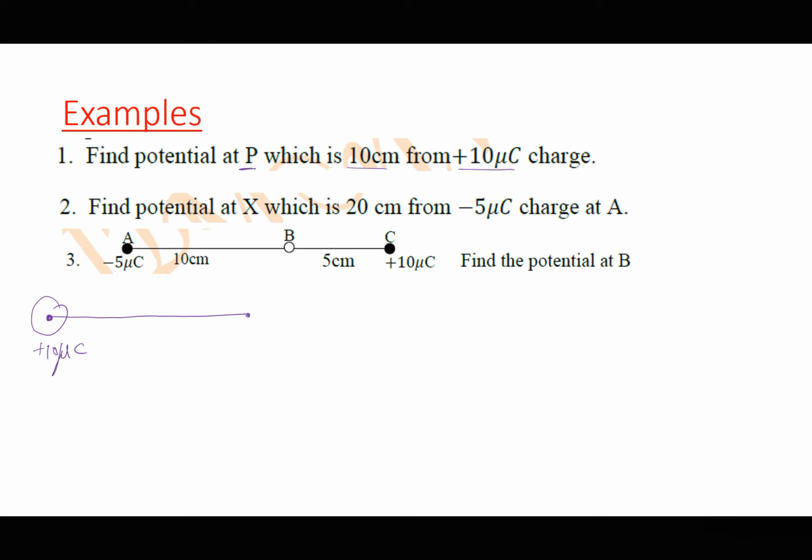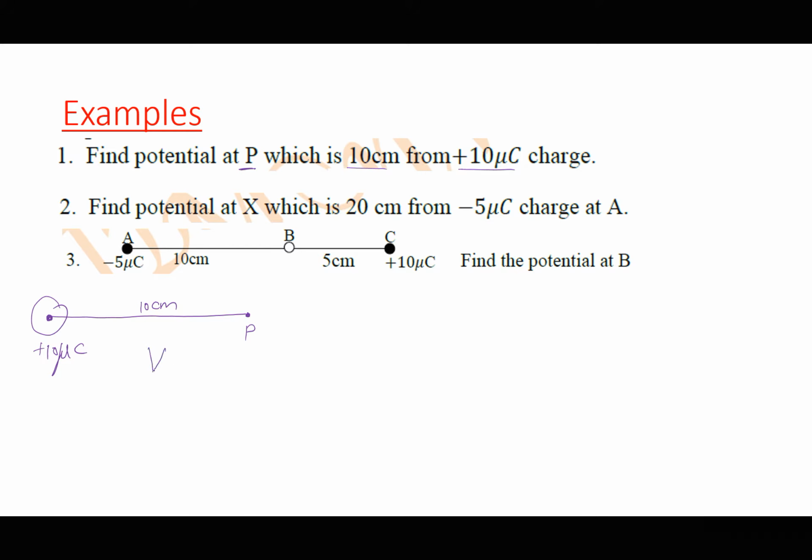And we want the potential at a point P, which is at a distance of 10 centimeters from this large charge. And this charge is positive. The sign or polarity of the potential is going to depend on the sign of the charge. If the charge creating the field is positive, then the potential at the given point due to that charge is also going to be positive.